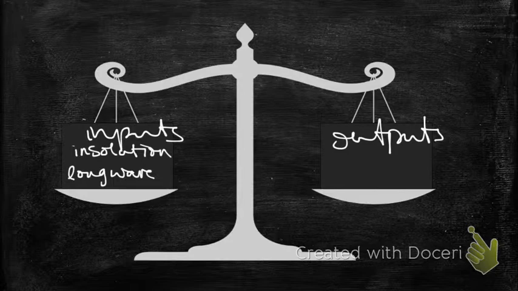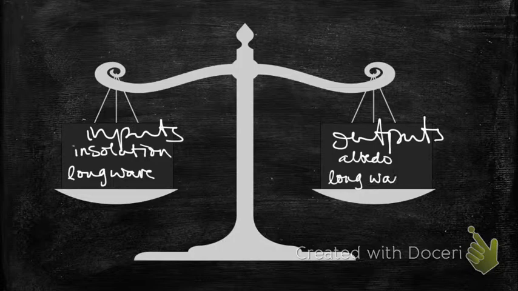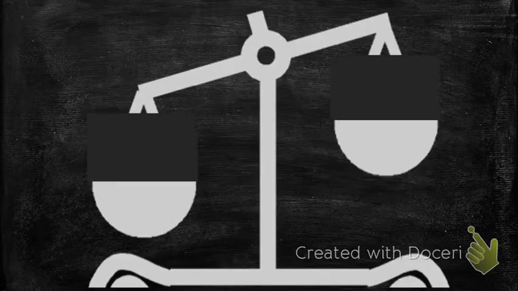The outputs are the shortwave radiation reflected back by the Earth's surface, known as albedo, and also the long-wave radiation that is absorbed by the atmosphere and later let back into space. It's a simple system. The energy is balanced between incoming and outgoing, but with a special function of keeping the Earth at a hospitable temperature range in the process.